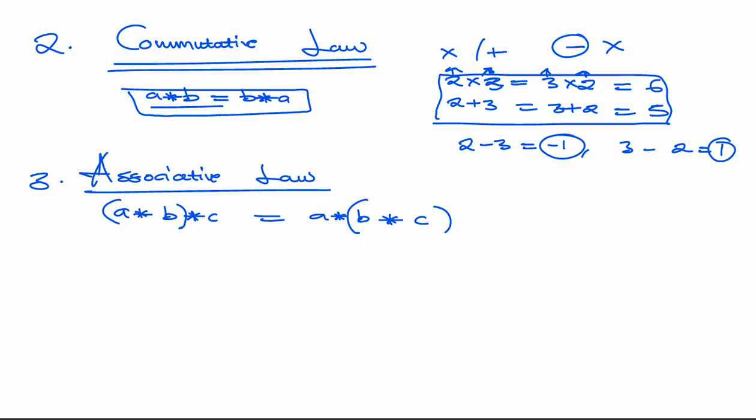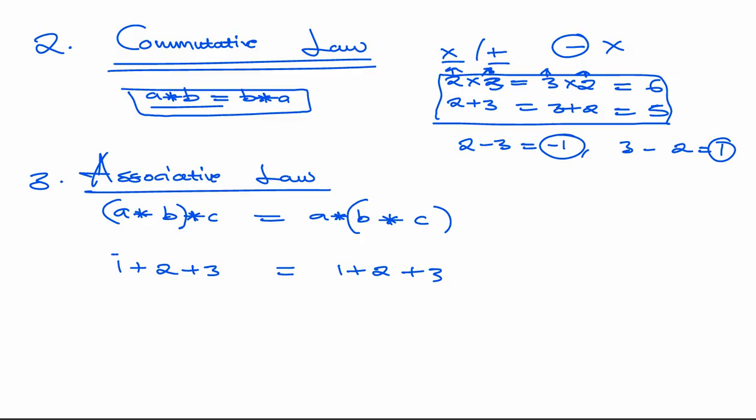It means that the associative rule is also true for addition and multiplication. A good example I can give you guys is, let's say we have (1 plus 2) plus 3 is equal to 1 plus (2 plus 3).